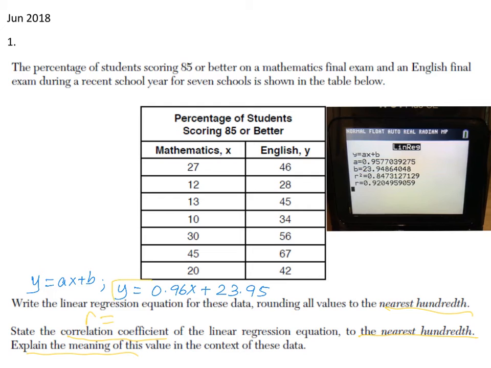Let's put it in a box. That's our answer. And then what's the value of r? r is right here, 0.92, again to the nearest hundredth, so that's our value. What do we understand from here? We know it's positive and we know it's strong.